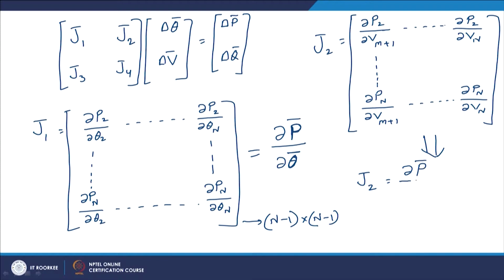of P vector with respect to V vector, and we have already defined what the P vector and the V vector are. Just to recall, the theta vector is theta 2, theta 3, up to theta n, transpose, which is n minus 1 cross 1.